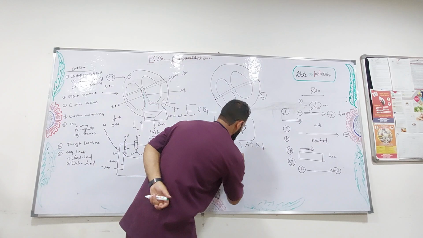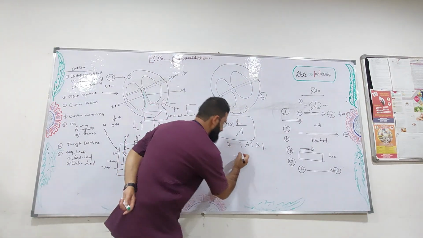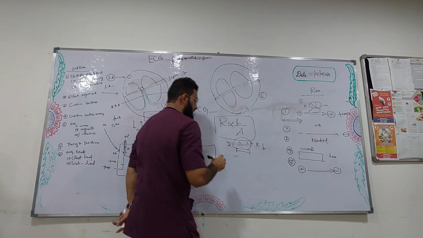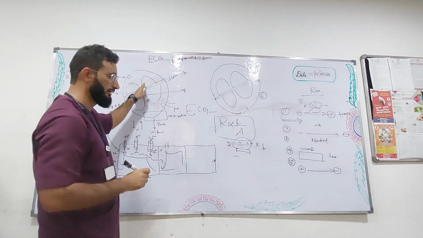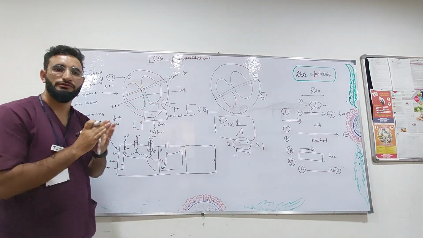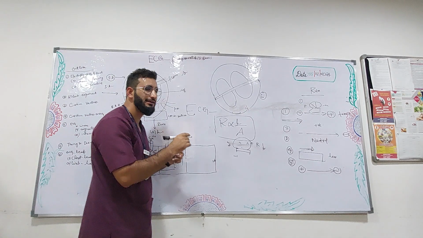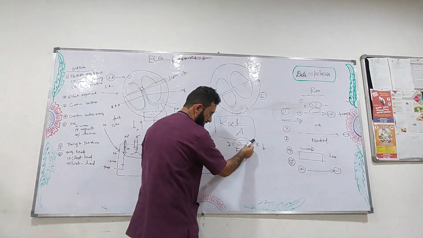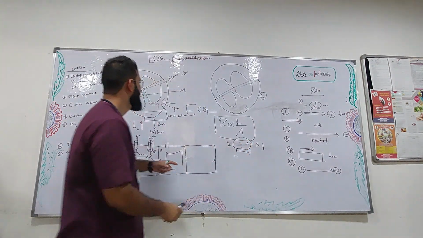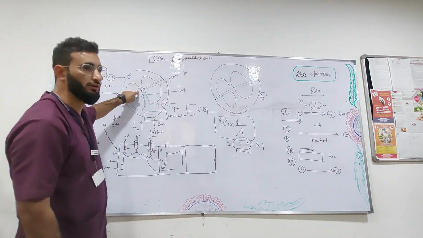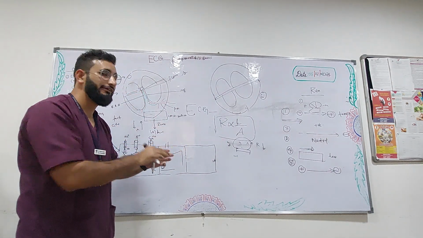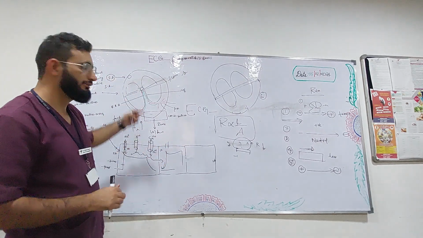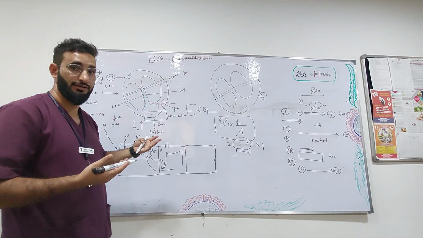Here we have a galvanometer. If we apply it to the atria, because it is a slow conductor, it can deflect the needle, but slowly like this. When we apply the galvanometer to the AV node, it is so slow that it cannot even deflect the galvanometer. So we say the AV node is whispering, it's not talking.